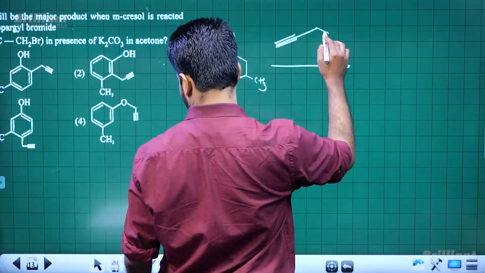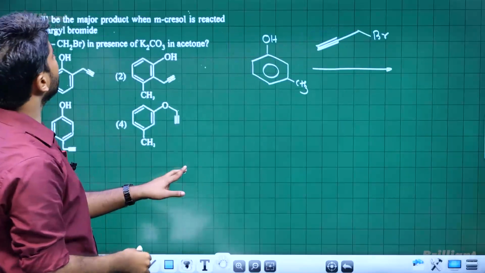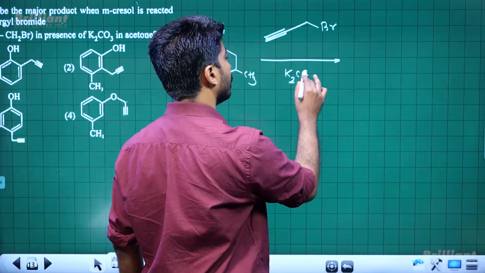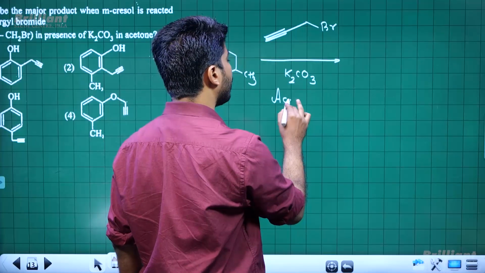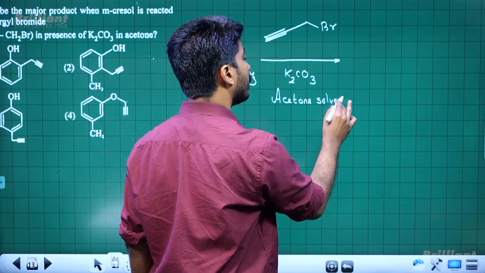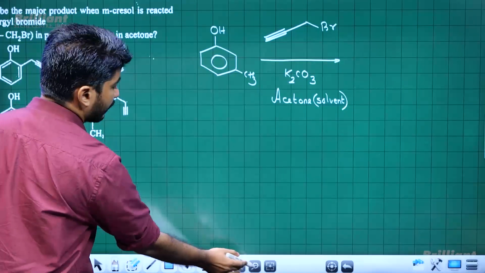Propargyl bromide they are taking, in the presence of K2CO3 in acetone. Acetone is the solvent. Okay, what is the final product?